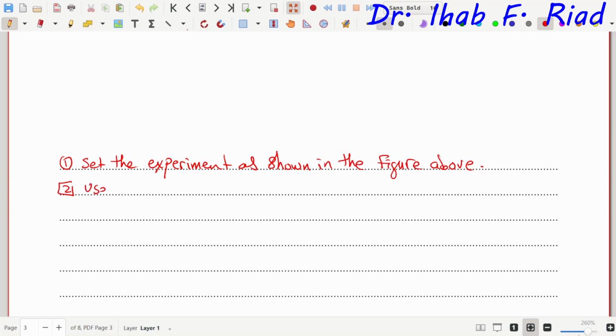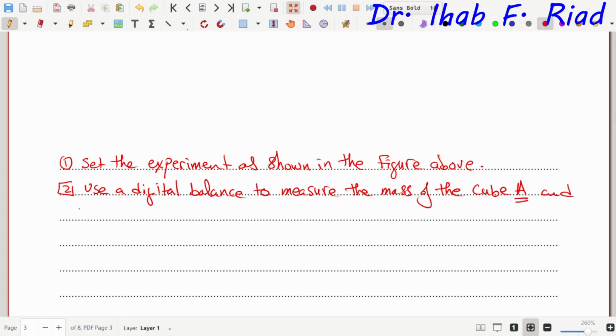Say use a digital balance to measure the mass of the cube A and the mass of the cylinder B. So we are going to use a digital balance to take the mass of A and B.